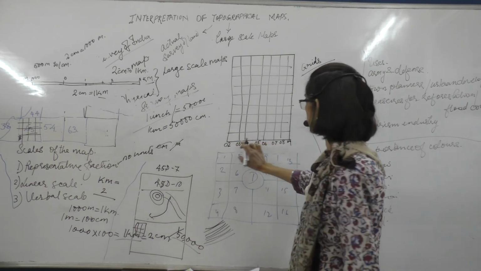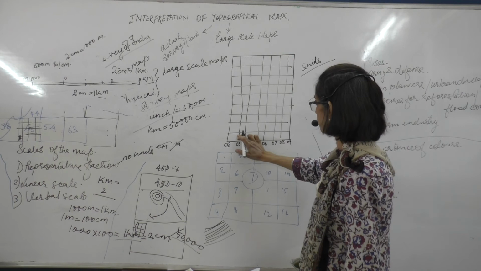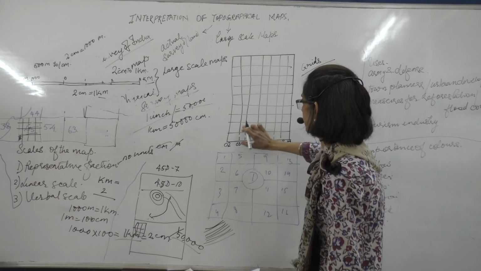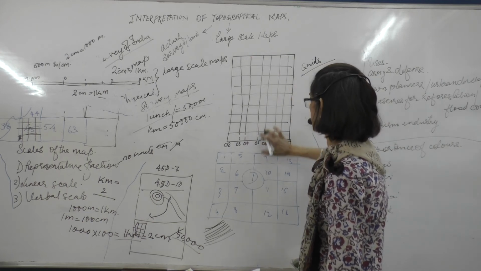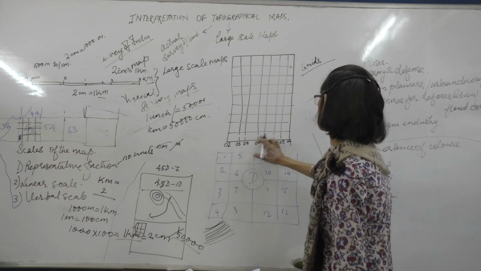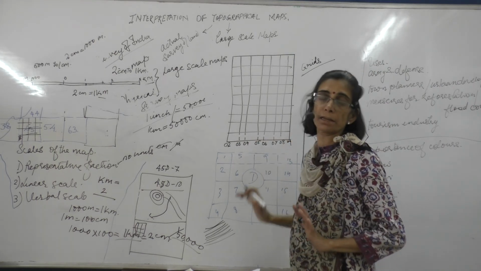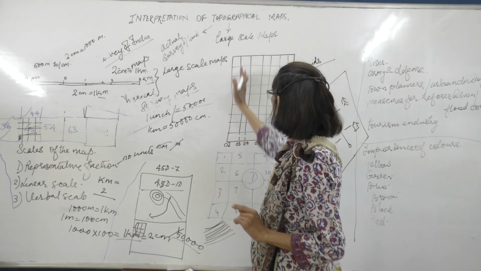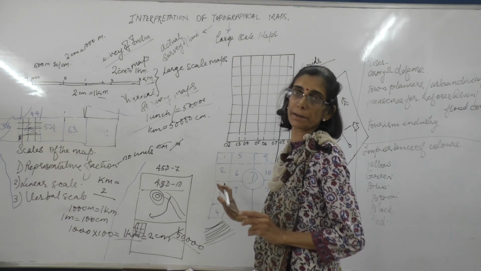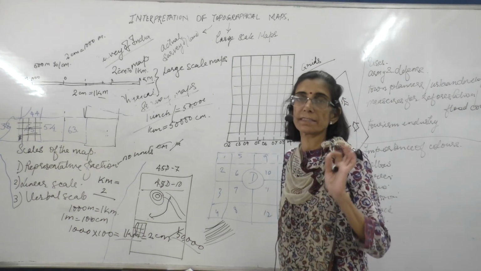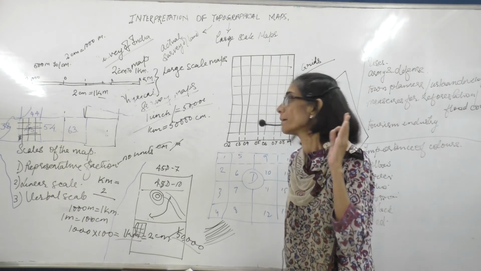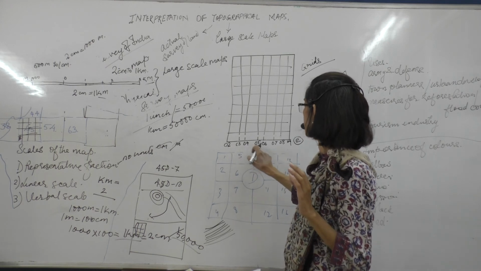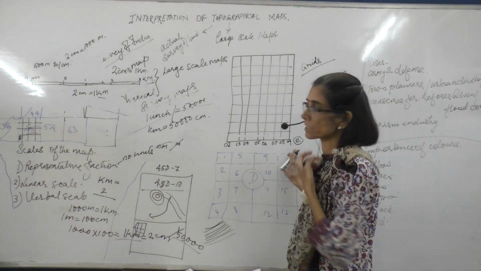This is the numbering for these lines. This is the 03 line, 04 line, 05. So it is increasing towards the east, called eastings, representing the vertical lines, because the number is increasing towards the east.